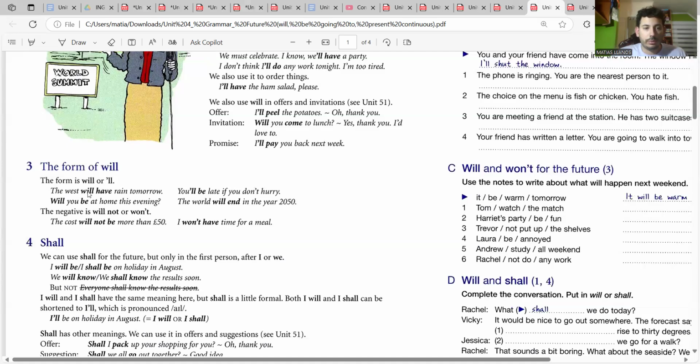For example, the West will have rain tomorrow, or will you be at home this evening? We can change the will have for you'll be late if you don't hurry. That's the contraction. And then the negative, I won't have time, you know?